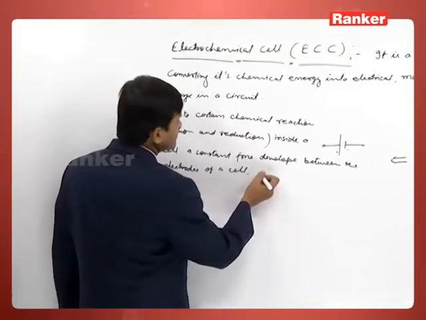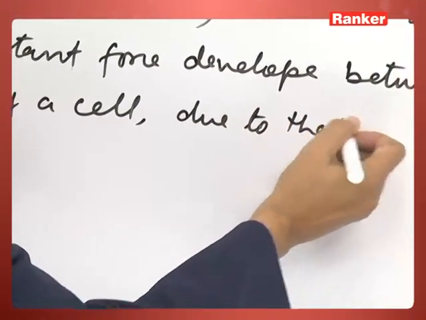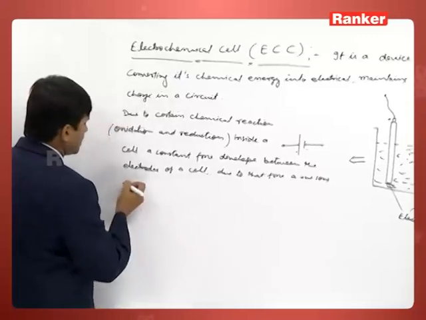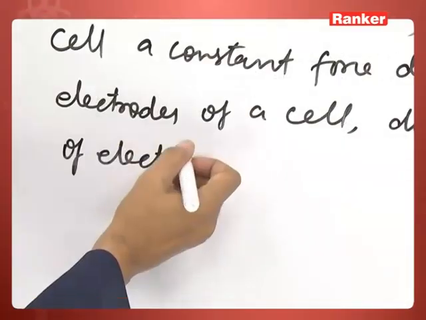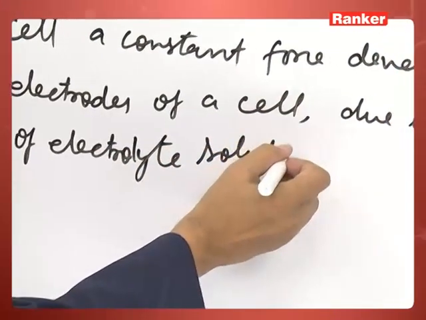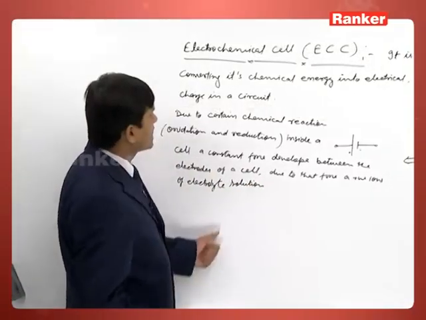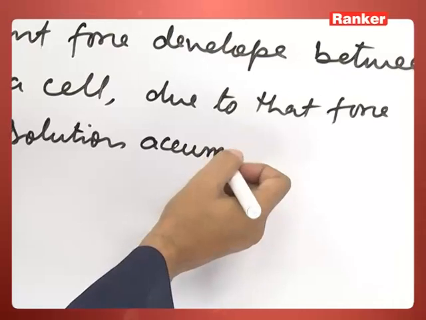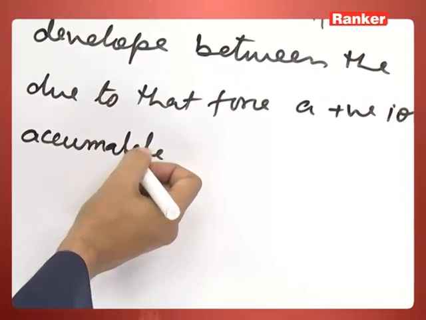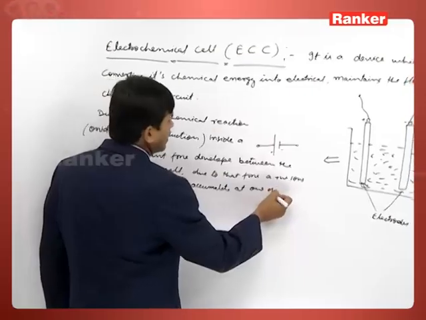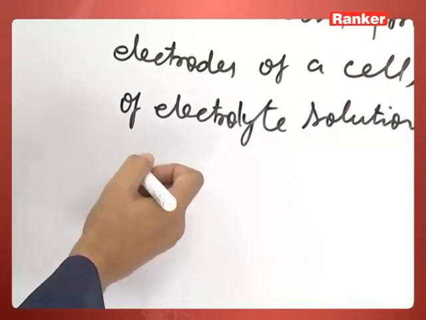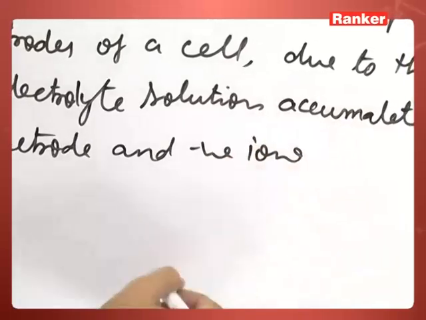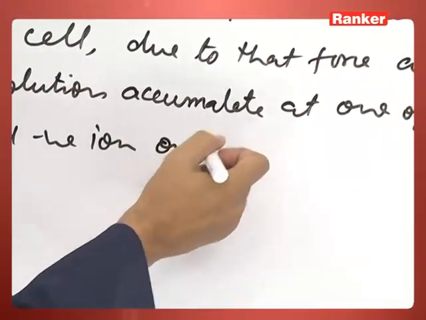Due to that force, the positive ions of the electrolyte solution accumulate at one of the electrodes and negative ions on another electrode.